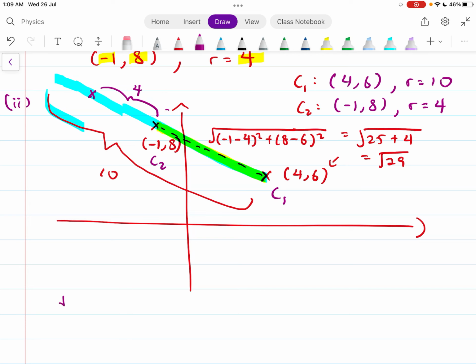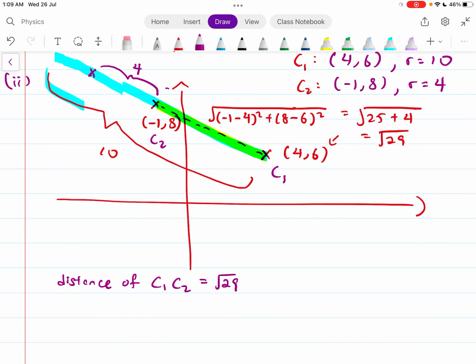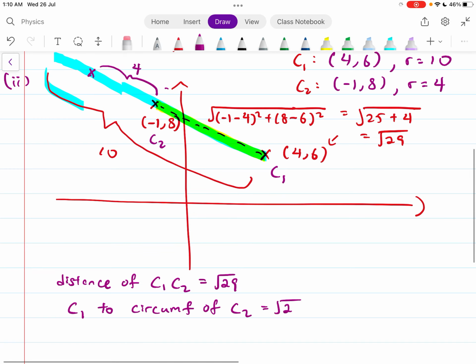You just need to write down, since the distance between the centers of C1 and C2 is equal to square root 29, then you add on plus 4. So from C1 to the circumference of C2 is actually equal to square root 29 plus 4.